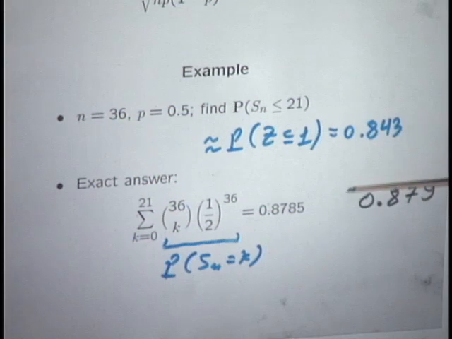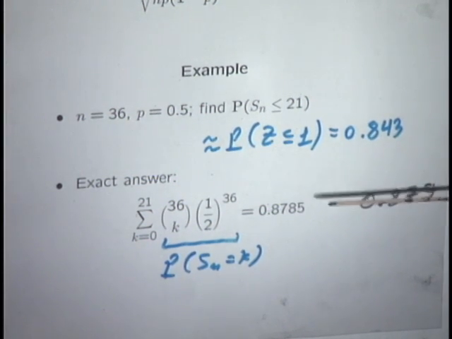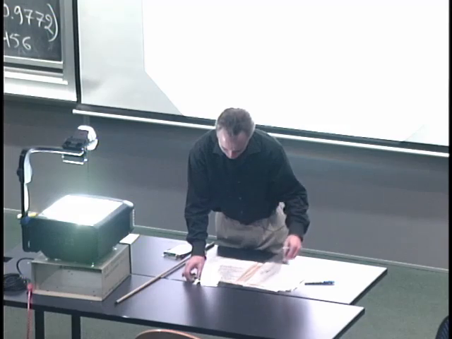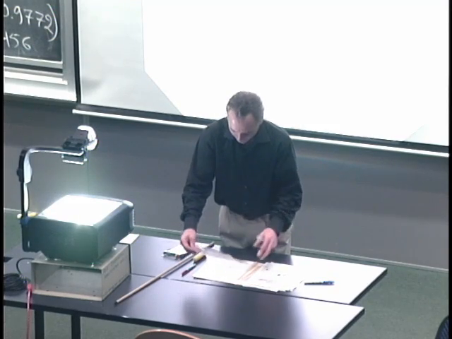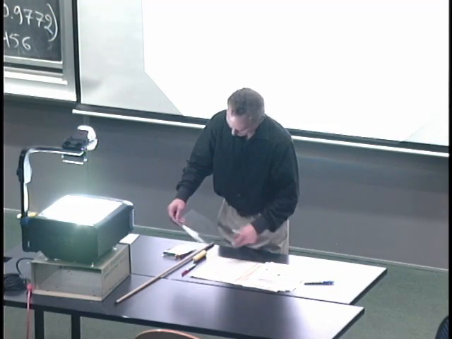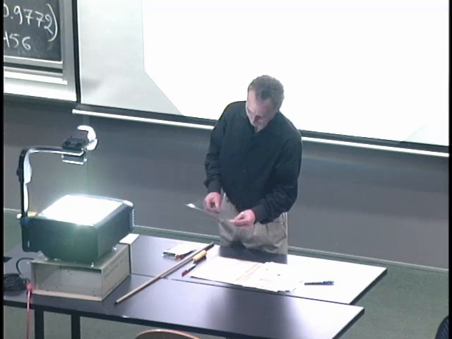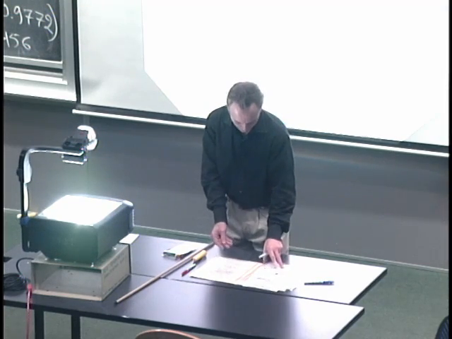This is what we get using the 21.5. And it's an approximation that's sort of right on, a very good one. The moral from this numerical example is that doing this 1/2 correction does give us better approximations.